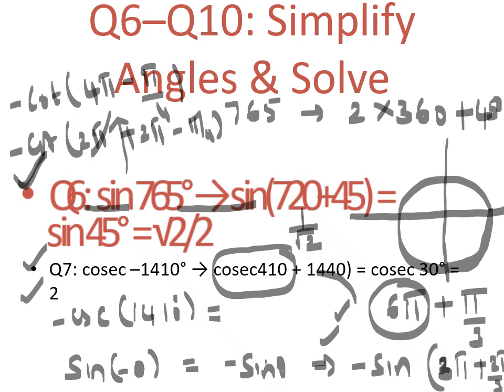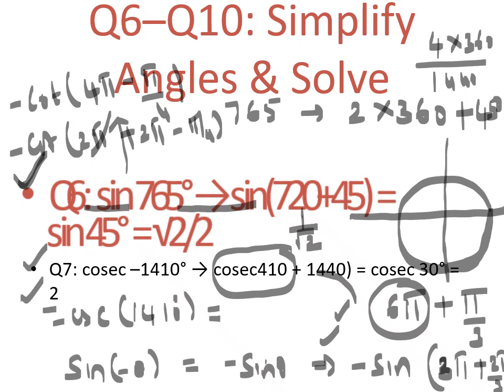I can't go with 4 into 360 directly: 4 into 360 is 1440, which goes beyond this. So 4 rounds are not completed, only 3 rounds are completed. You can discard 3 rounds directly. Left with 360 minus 30. That means you are getting minus of minus, plus only. Finally you are getting plus 2 here.